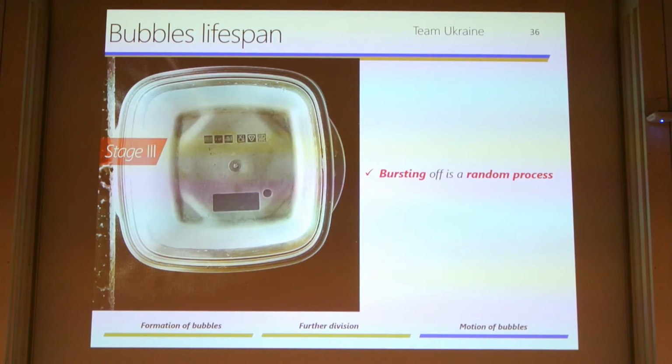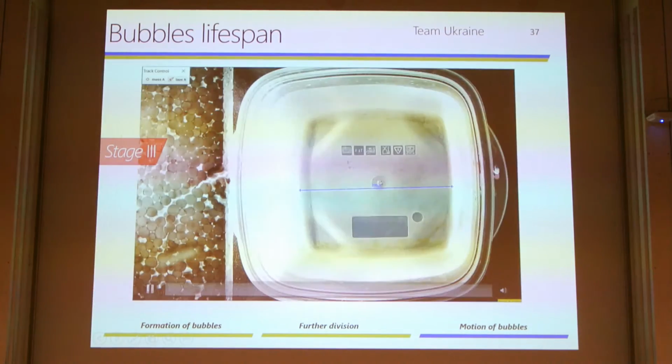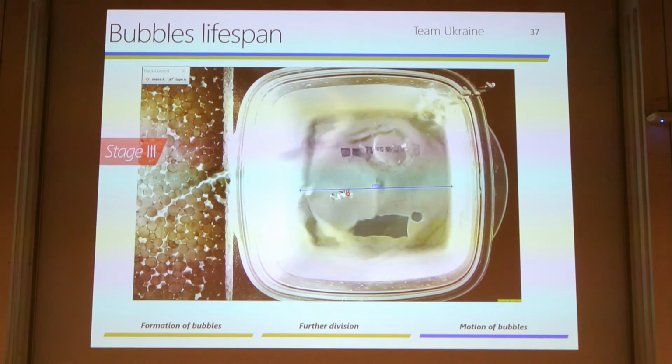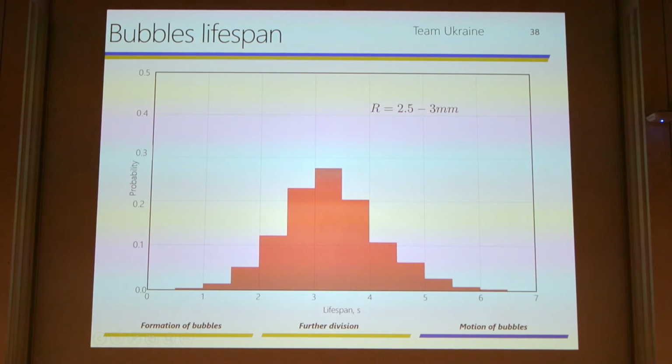We also expect that this division is a random process, so we have to find the lifetime. We analyzed the video using the program Tracker and obtained the following result: probability of division dependent on lifespan.